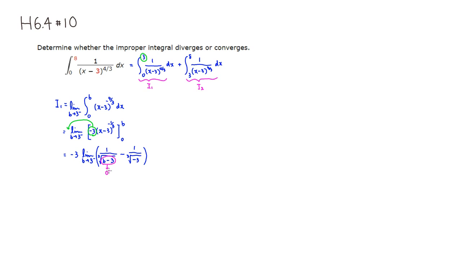So 1 over something close to 0 but negative approaches negative infinity. Negative infinity minus a finite number is still negative infinity, but you multiply by a negative number, so it makes it positive infinity. So this actually goes to positive infinity, which means that this is divergent.